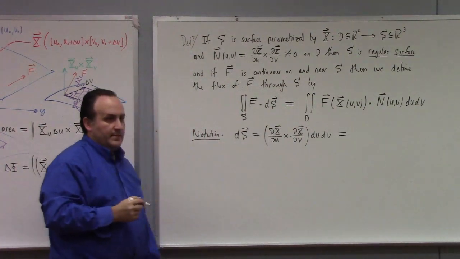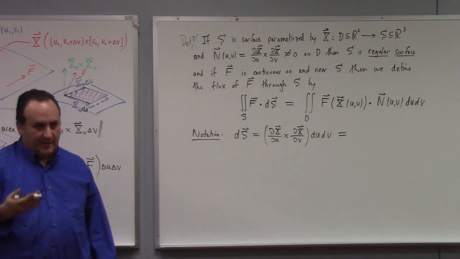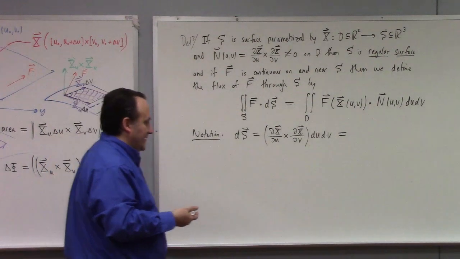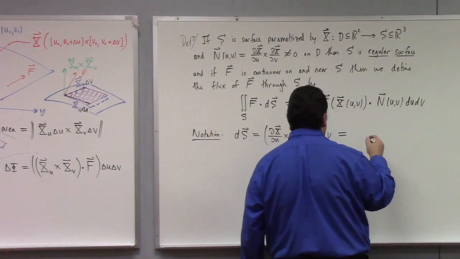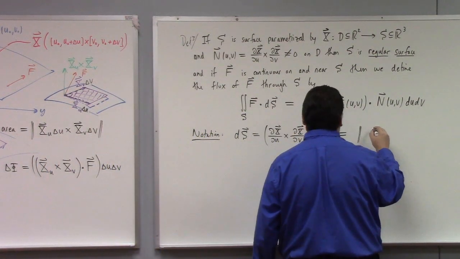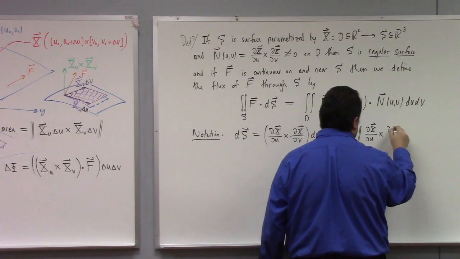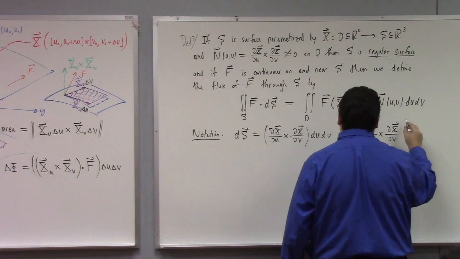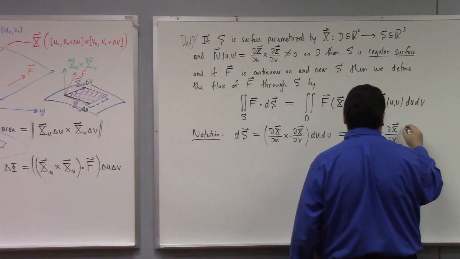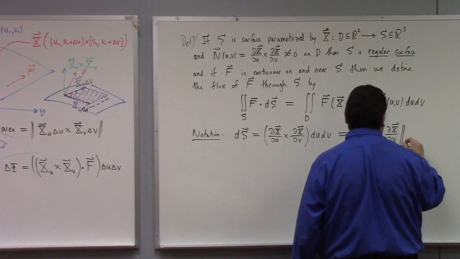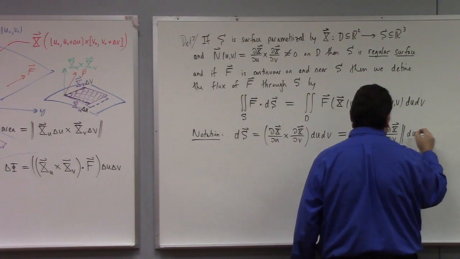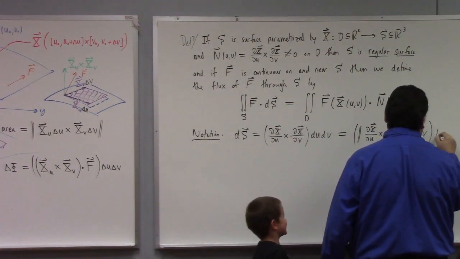But you could also write that itself as the magnitude of partial x, partial u cross partial x, partial v, times du dv, and put it in the n hat direction.